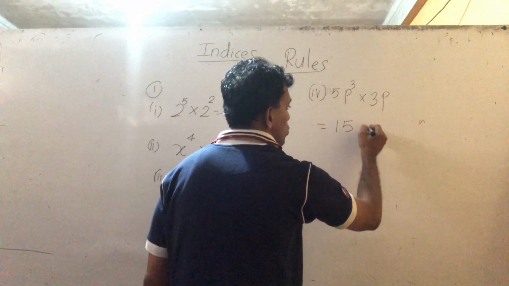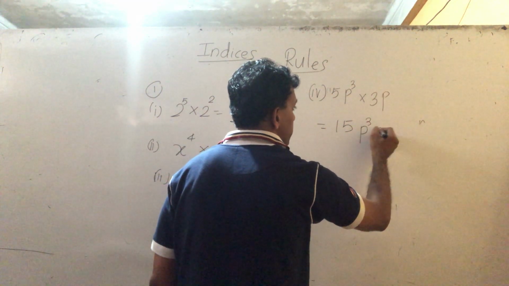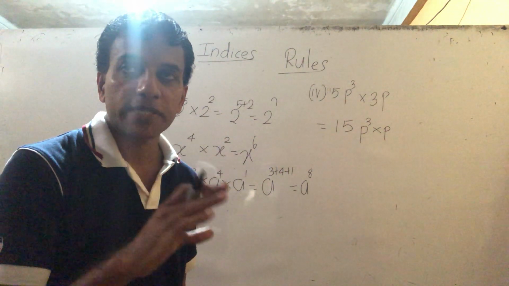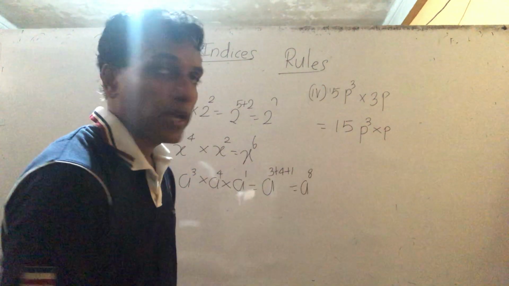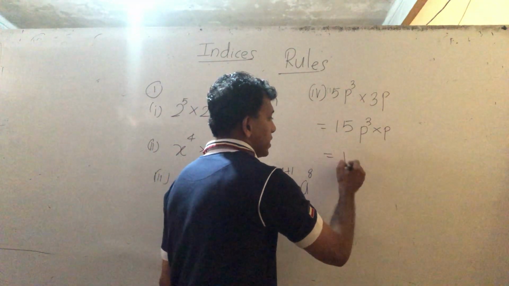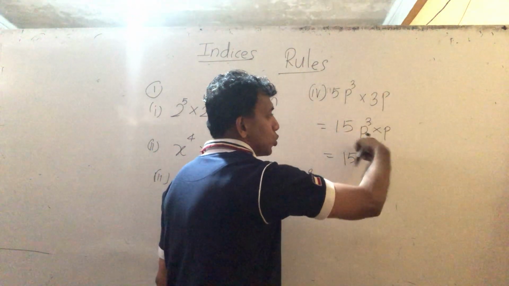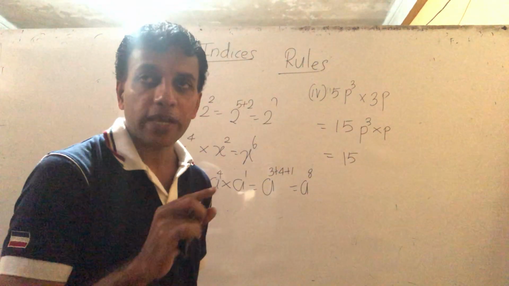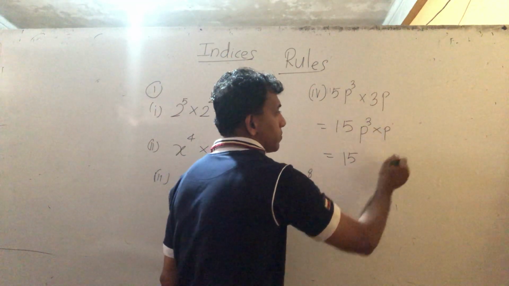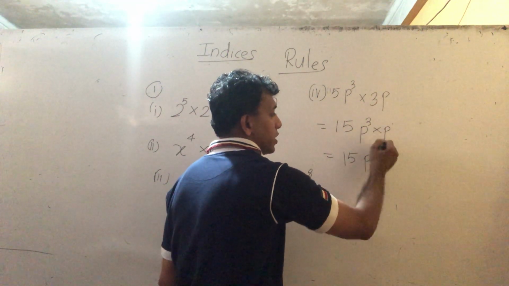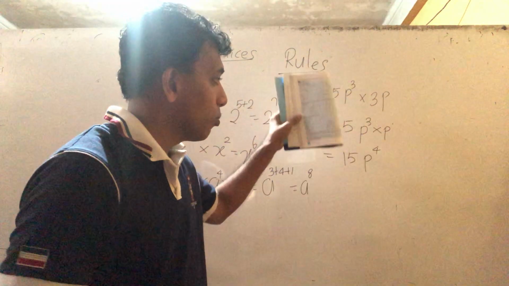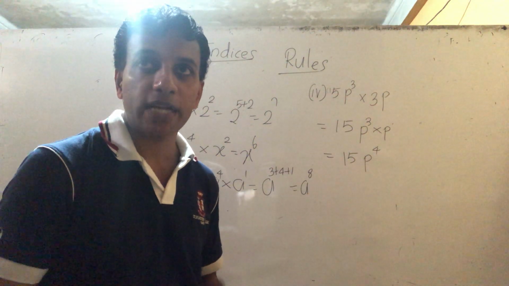And then p to the power 3 times p. First you multiply the numbers separately, and then show p to the power 3 and p. So the answer is 15, and here apply rule number 1: the bases are the same, so add the powers, p to the power 3 and 1, that is 4. They asked to fill the blanks. You should follow my method and you can complete the full answer there.